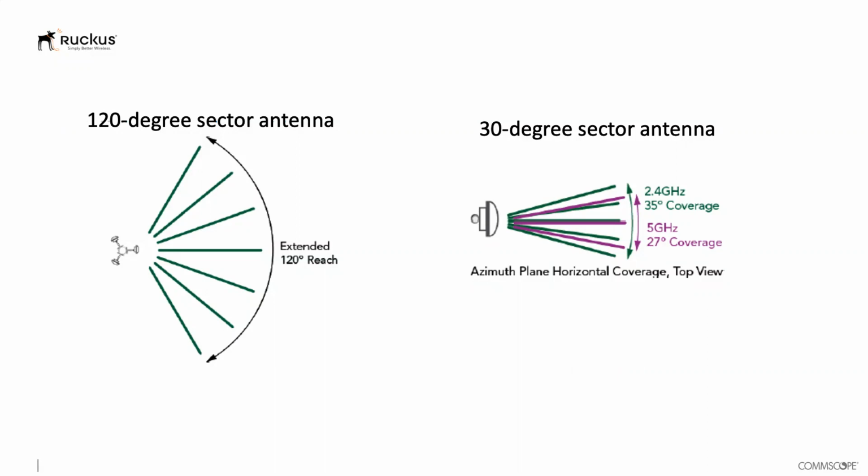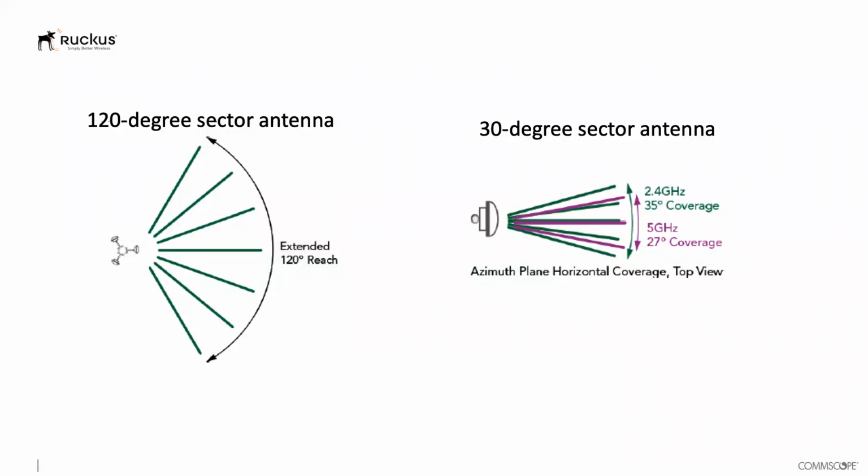But if you have challenging areas to cover, being able to use the directional antennas to put a little bit of down tilt on it allows you to much better control the wireless cell coverage. And also, if you need to have high density outdoor coverage, for outdoor events or something like that, that's where you might want to think about putting 3 of these sector APs on a pole to increase. Basically, you now have 3 times the client capacity.